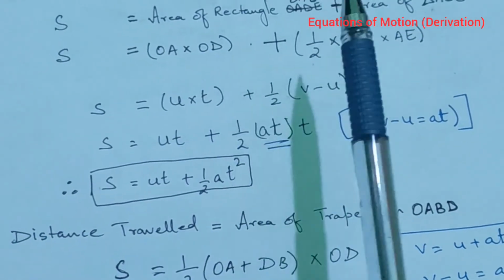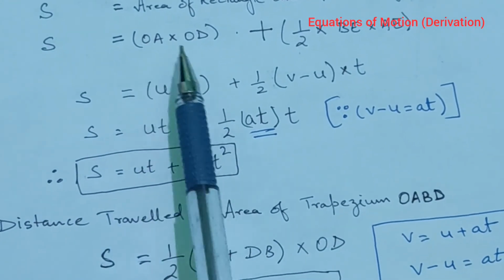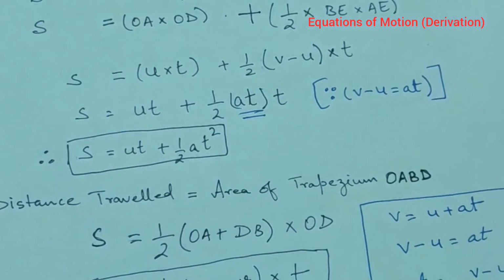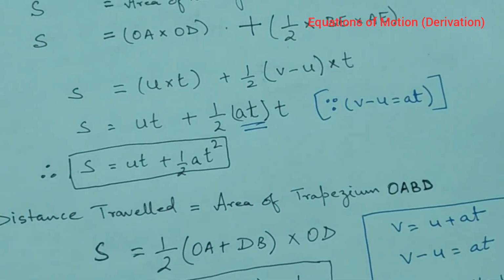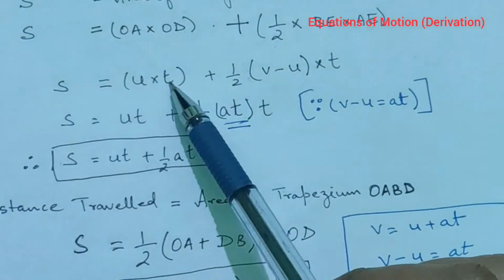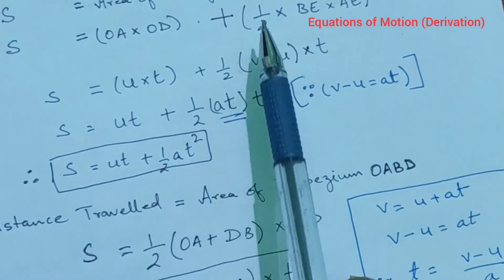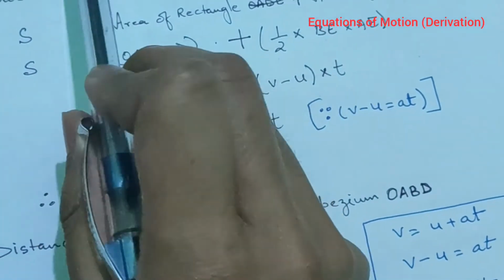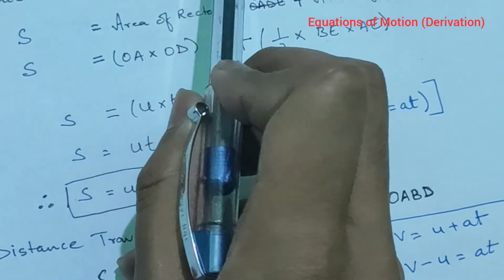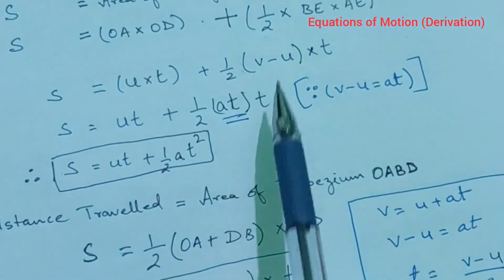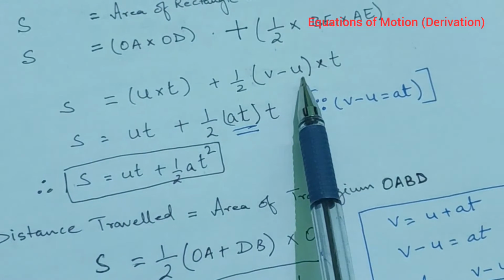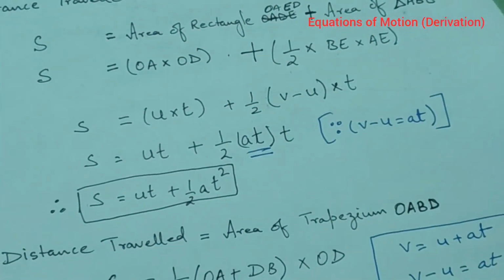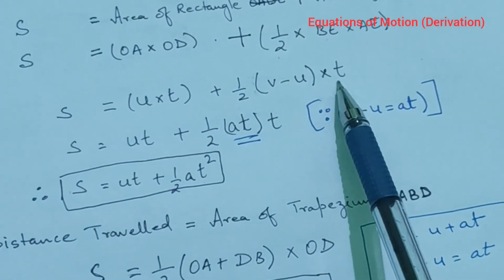Substituting the values, length into breadth is u multiplied by t, because OA is u and OD is t, plus half the base, which is BE. We already know that BE is equal to v minus u, so we write (v minus u) multiplied by AE, and AE is the same as OD, which is t.